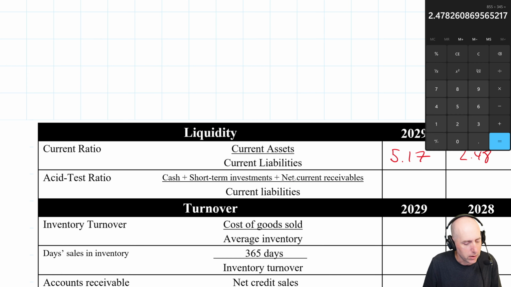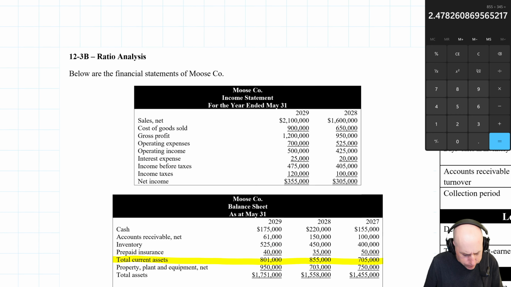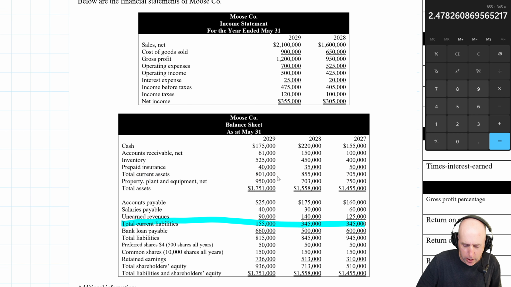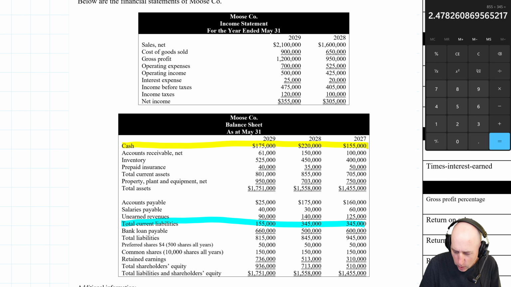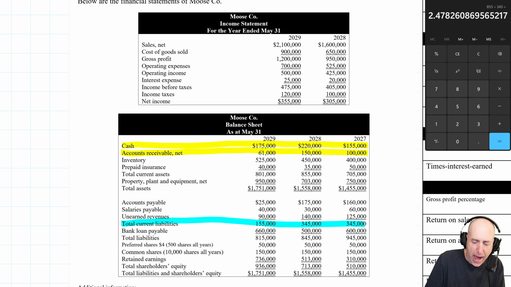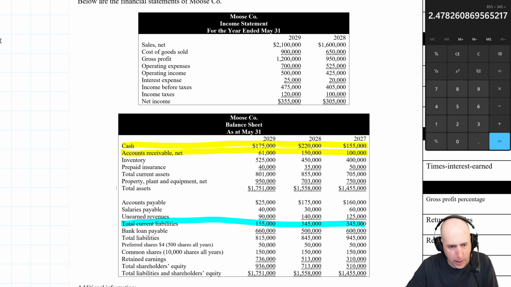So let's do that. Our acid test ratio is the cash, short-term investments, which would just come below cash if we had it, and accounts receivable, net receivables. And we're going to add up the yellows and divide by the blue.